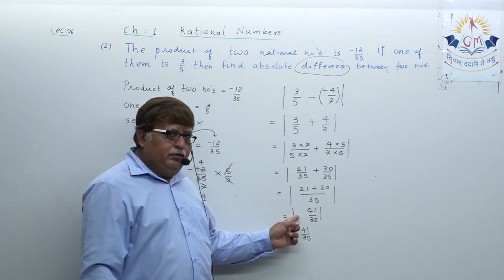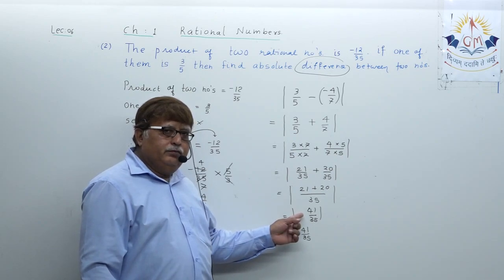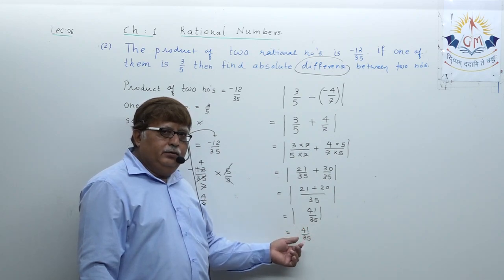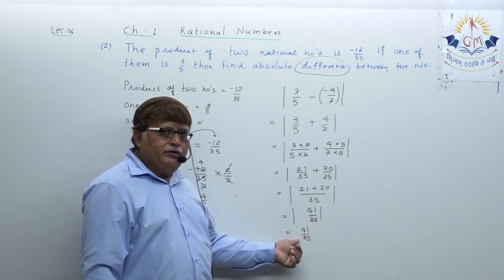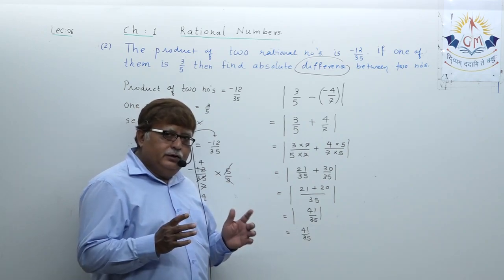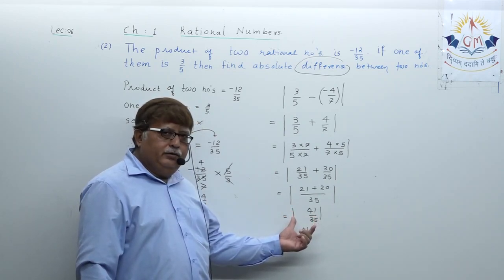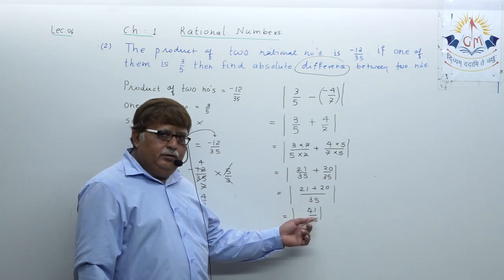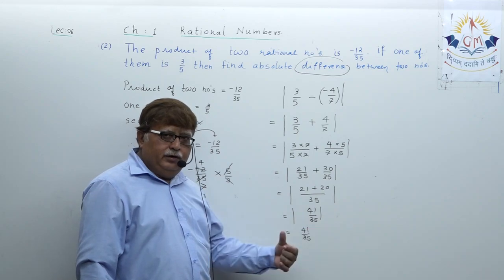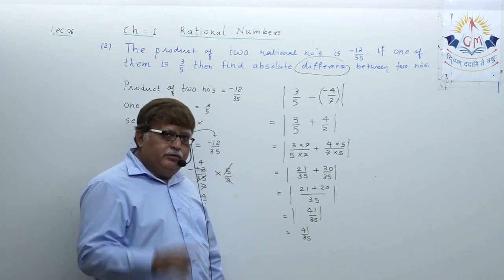If you would have got minus 41 upon 35, then also you would have written the final answer as 41 upon 35, because the meaning of absolute value is that when you include any number inside this modulus sign, it comes out only with measurement, not sign.